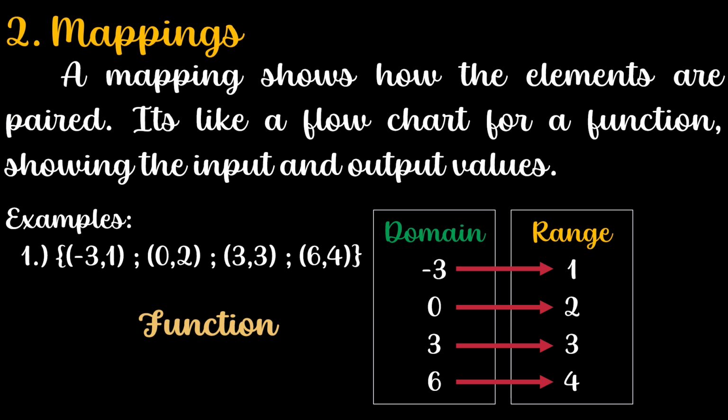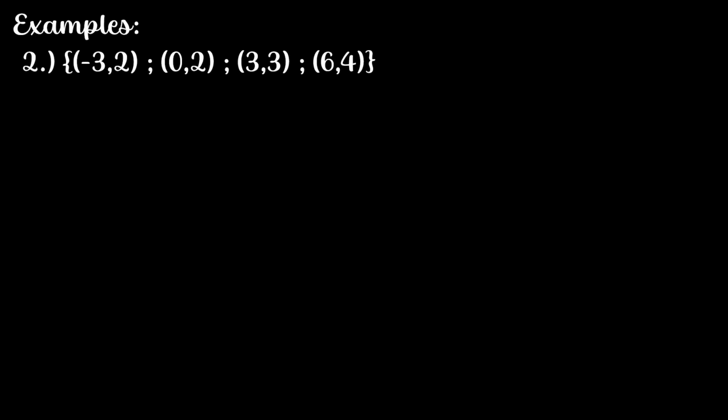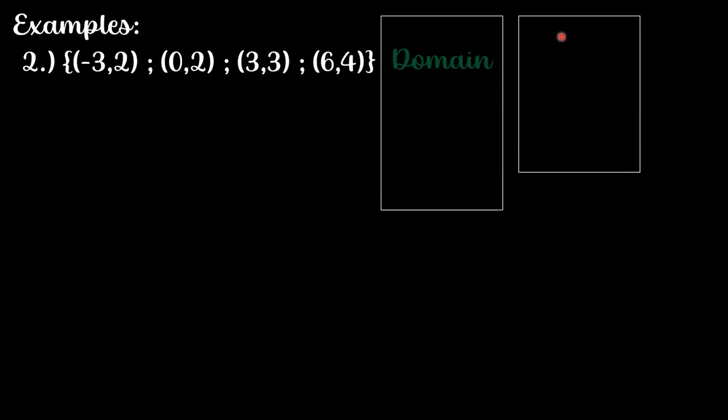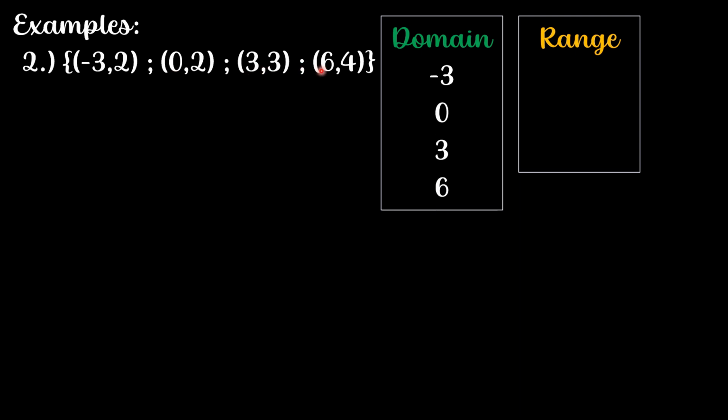Now, let's have another example. We have here the relation negative 3 and 2, 0, 2, positive 3 and 3, 6, and 4. Let's separate the domain and range. So our domain here are negative 3, 0, positive 3, and 6.